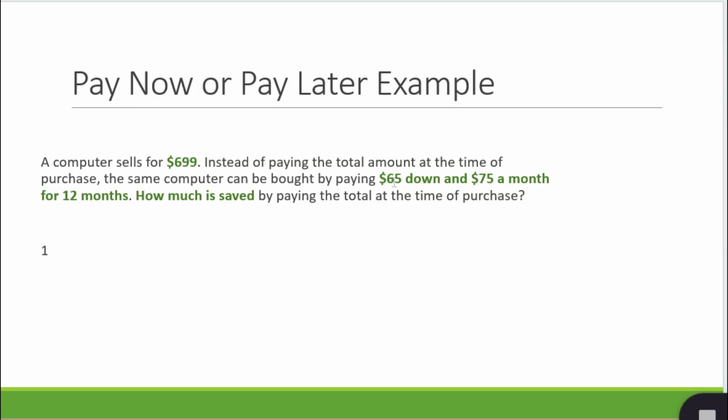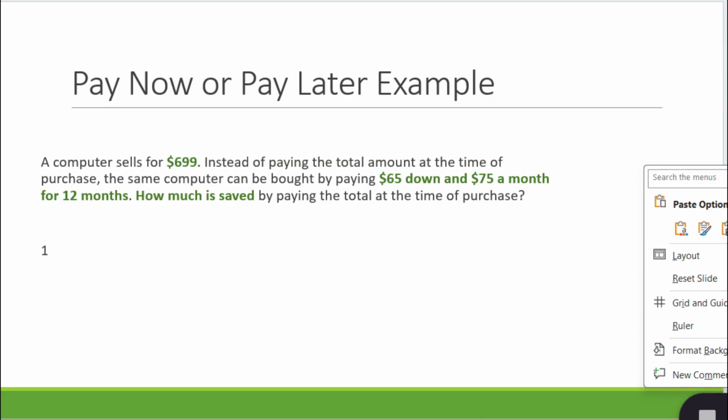And obviously, this second method is probably going to be more, right? The store owner's not going to give you that option unless he's going to make some money off of it. So that one's going to be more. So the question we're asked is, how much would you save by buying the computer up front instead of using that second method? All right, so let's write down some stuff here.